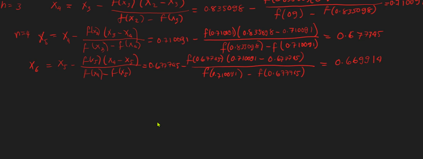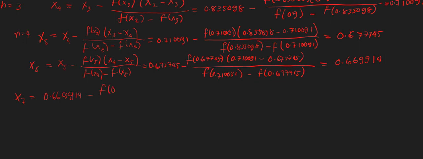So for x7, let's do this again. I think this will be the last one. x7 will be equal to, let's try to do the solution directly. x7 is equal to x6. x6 is 0.669914 minus f of x6.